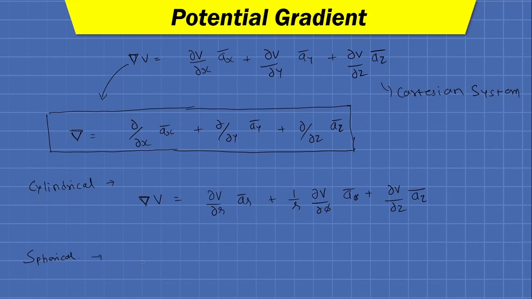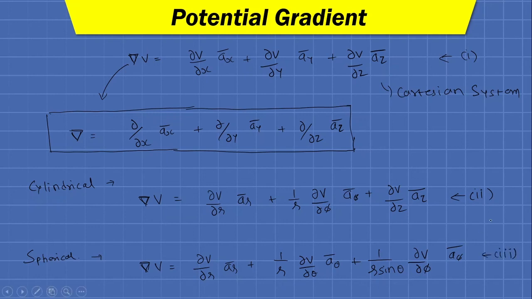And for spherical coordinate system, the potential gradient can be calculated as del V by del r ar bar plus 1 upon r del V by del theta a theta bar plus 1 upon r sin theta del V by del phi a phi bar. So these three are very important equations which should be understood and remembered to solve any numerical based on the gradient.